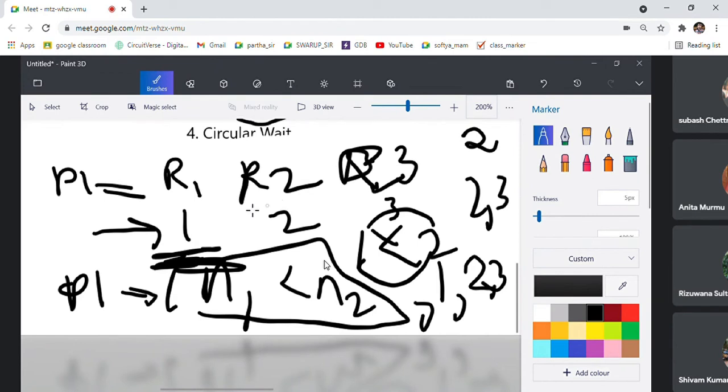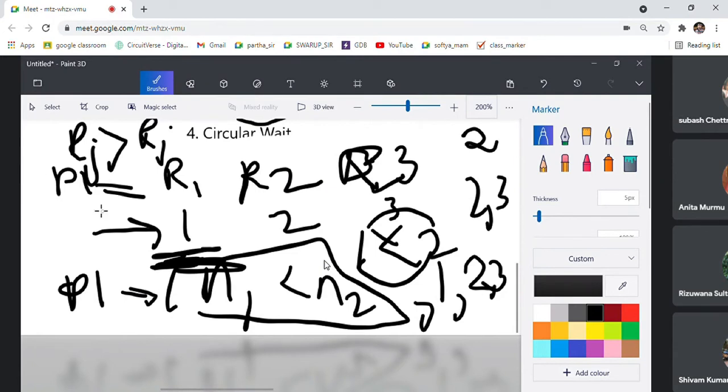Here it says assign numerals to the resources, and when a resource is requested, the requested resource Rj must be greater than the currently assigned resource Ri. If it is not greater, make it enter into waiting state.